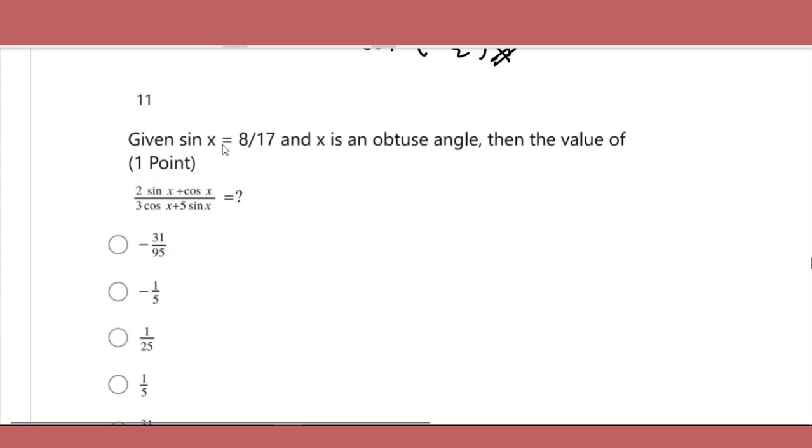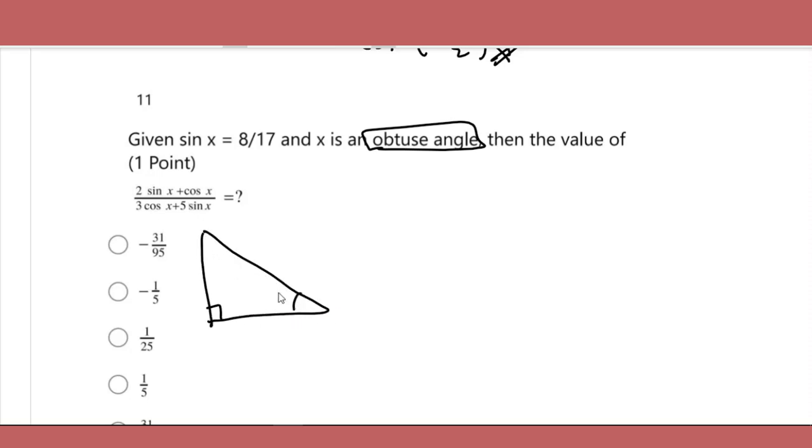Number 11. Given sin x equals 8 over 17, x is an obtuse angle. Let's sketch a triangle diagram. This x, 8 over 17. Using the Pythagoras theorem, here should be 15. Okay, obtuse angle.